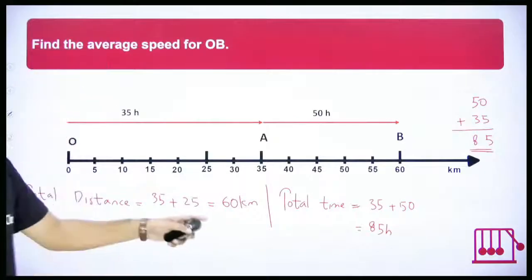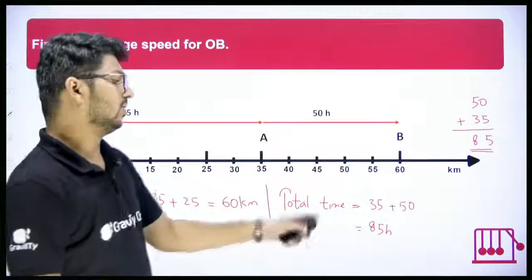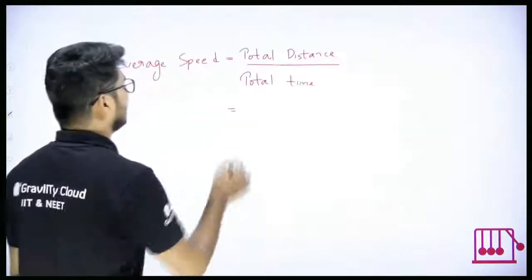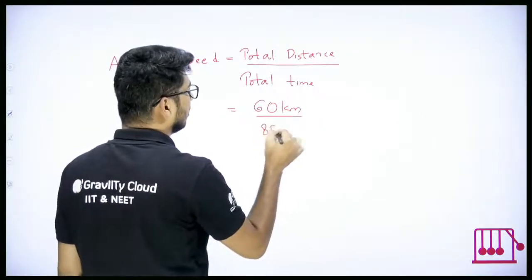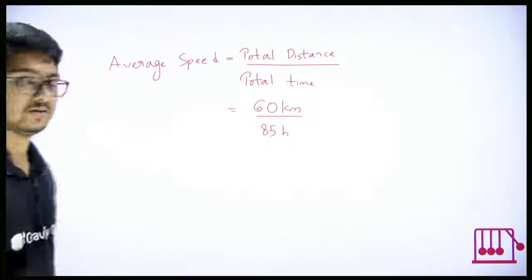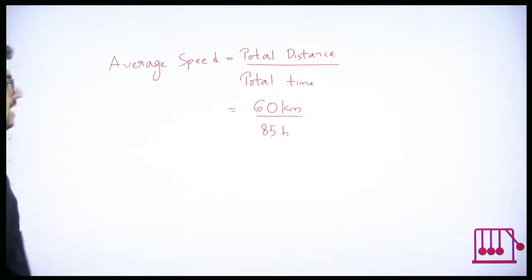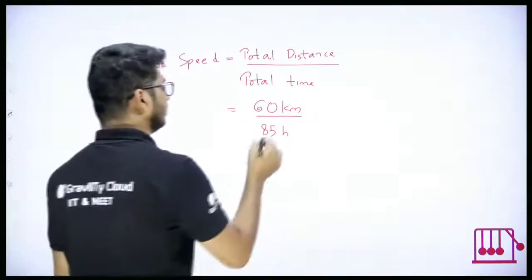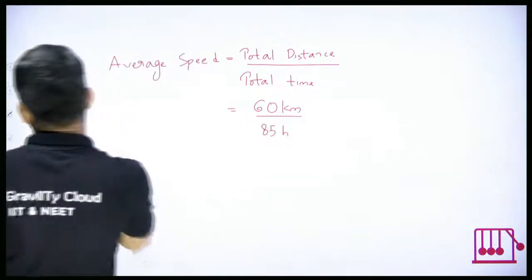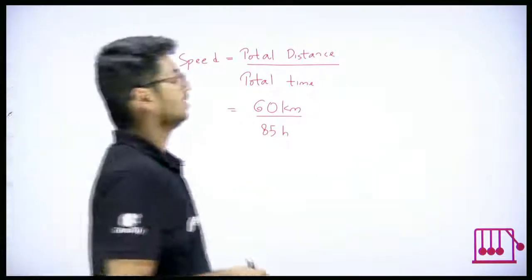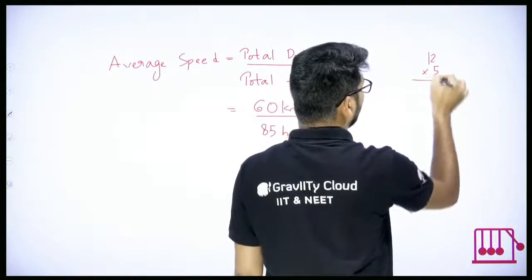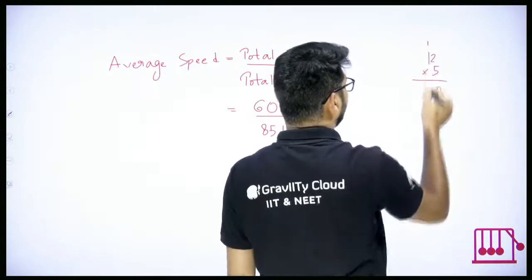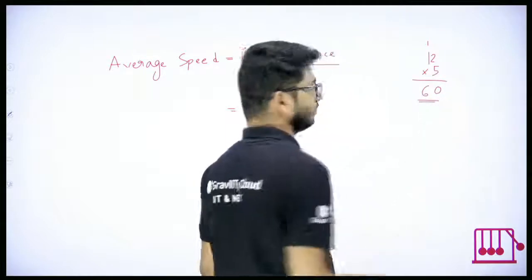What was total distance? 60 kilometers. What is total time? 85 hours. So it is 60 kilometers upon 85 hours. Then if I do the calculation, how? 12 into 5, what is 12 into 5 equal to? 60.